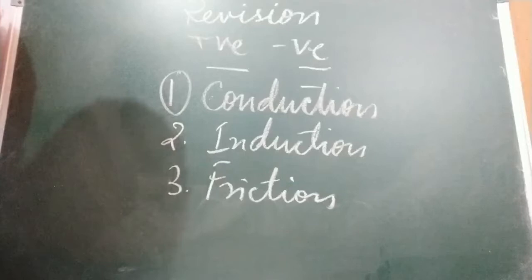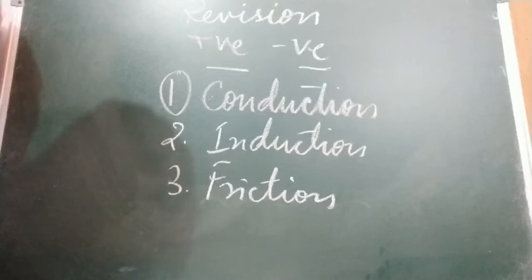Charging by conduction: when we bring two bodies very close or touch them, what will happen? Some charge from the charged body gets transferred to the uncharged body till both are equally charged. This is called charging by conduction.